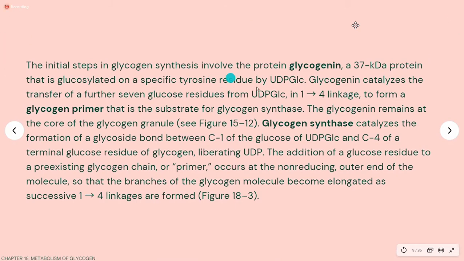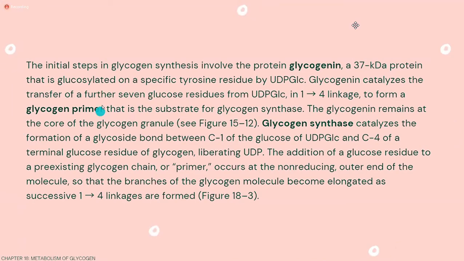Tyrosine residue by UDP glucose. Glycogenin catalyzes the transfer of a further 7 glucose residues from UDP glucose in a 1,4 linkage to form what we call a glycogen primer.